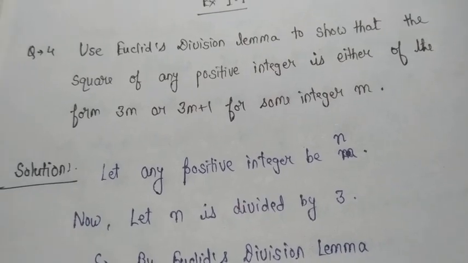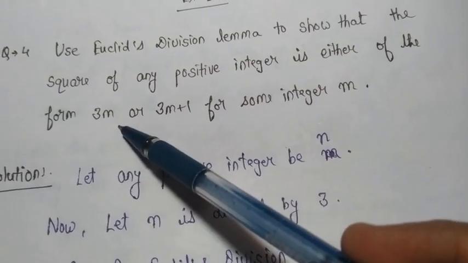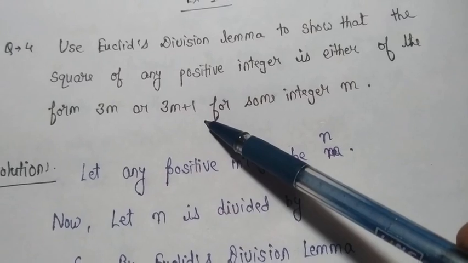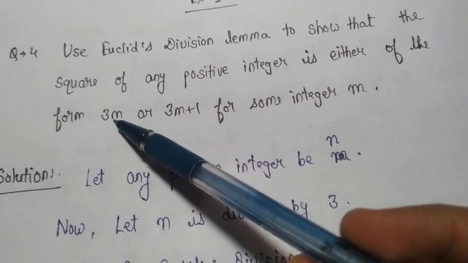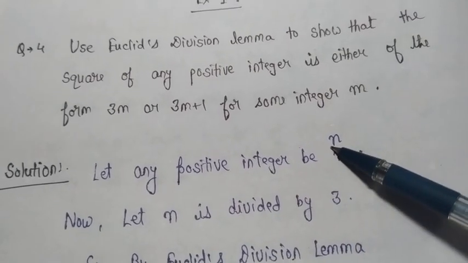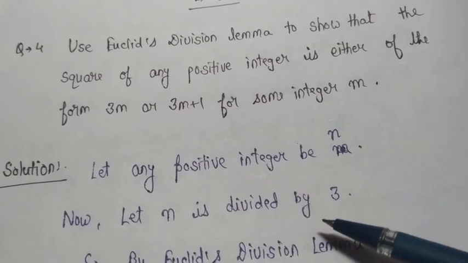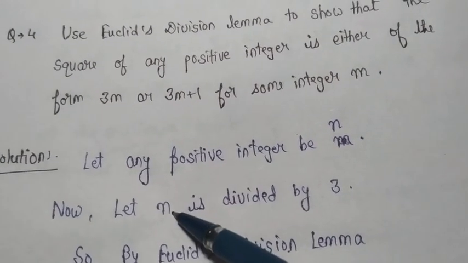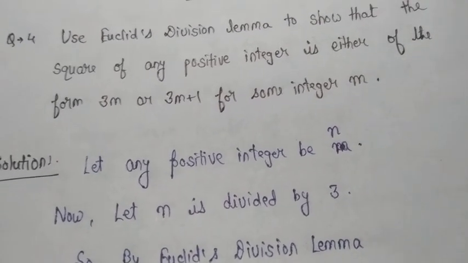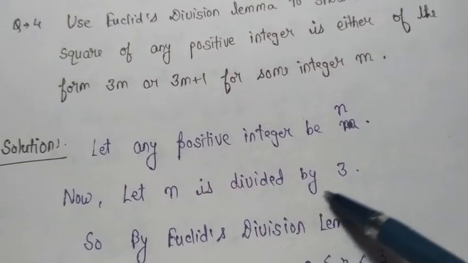Because we have to prove the 3m or 3m plus 1 type, I have told you in the previous part of the question also, whenever you see the 3m plus 1 type, we have to divide that positive number by that number. It means 3. So I will divide n by 3. How do I know n should be divided by 3? Because 3 is written here, that's why.